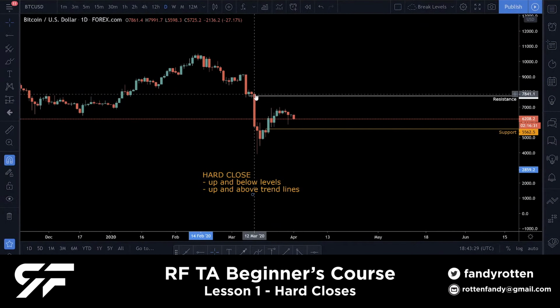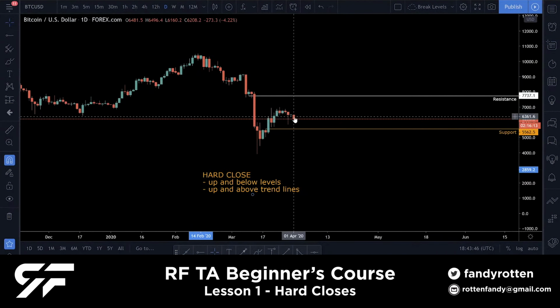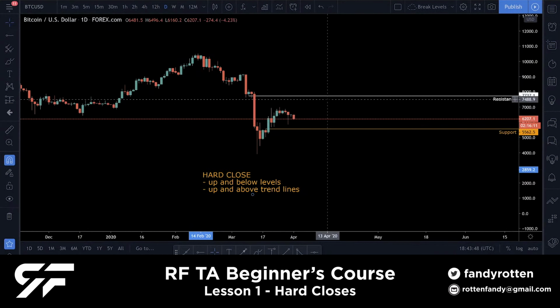Why? We want the complete opposite. It's the mirror image. In this case, we want the top of the body of the candle to be starting from below this level. So these two are not. All of these other red candles, distribution candles, are hard closes below this resistance line. Hope this is clear.